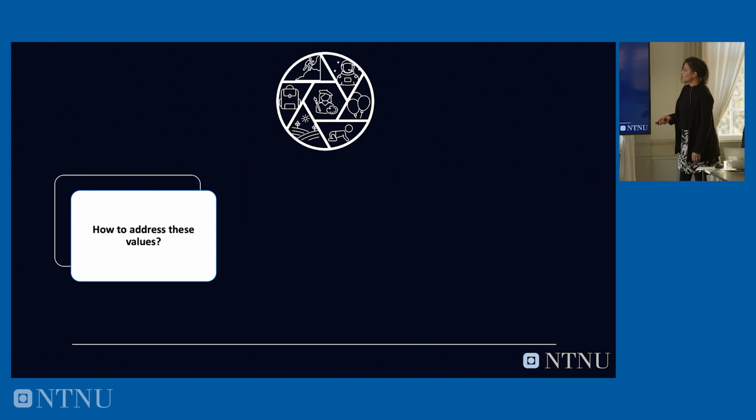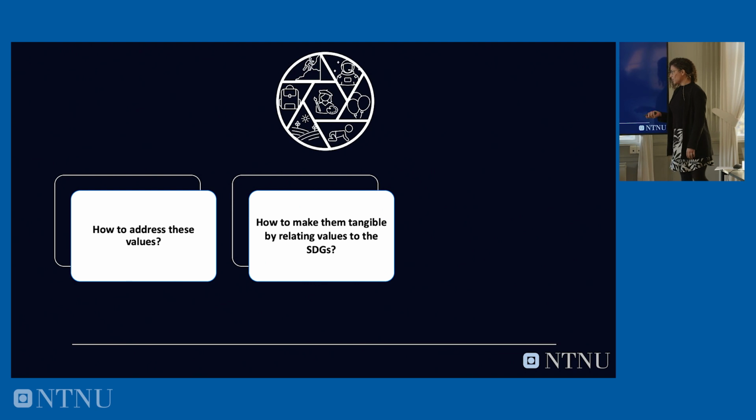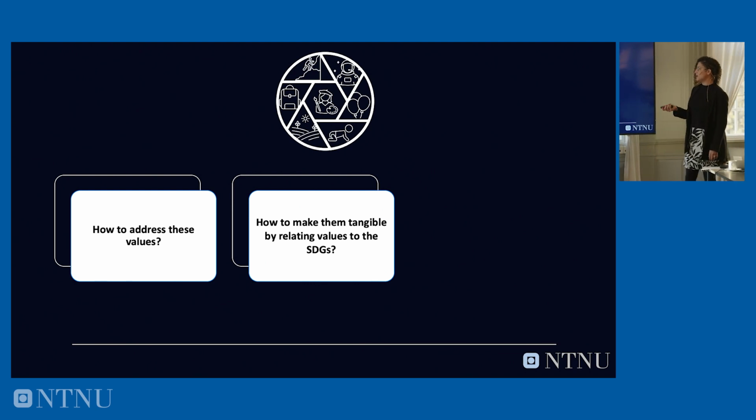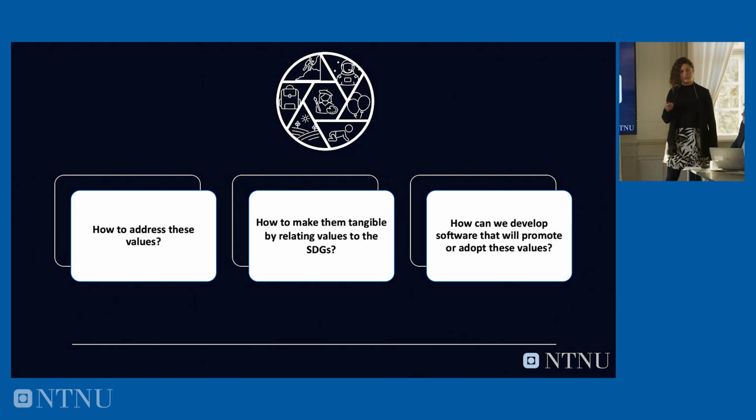So then we have these challenges. How to address these values, how to make them tangible by relating values to the Sustainable Development Goals, and how can we develop software that will promote or adopt these values?